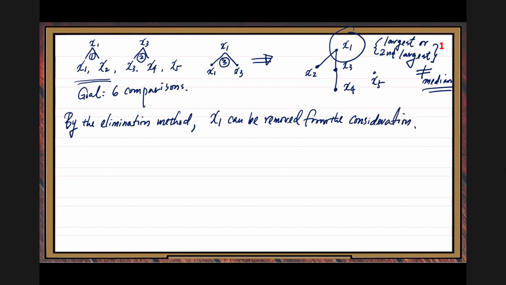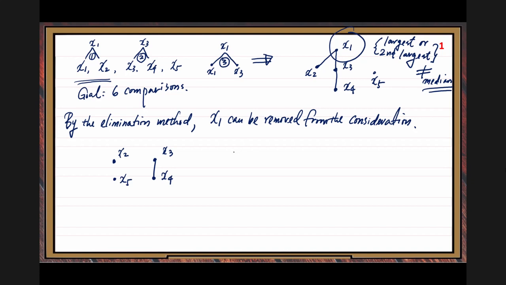Then we simplify the situation. After that step, we have x2 here, and we have x3. This line, we keep it, because the information of this link is important, useful. Then, we have x5 here. Then, let's update.